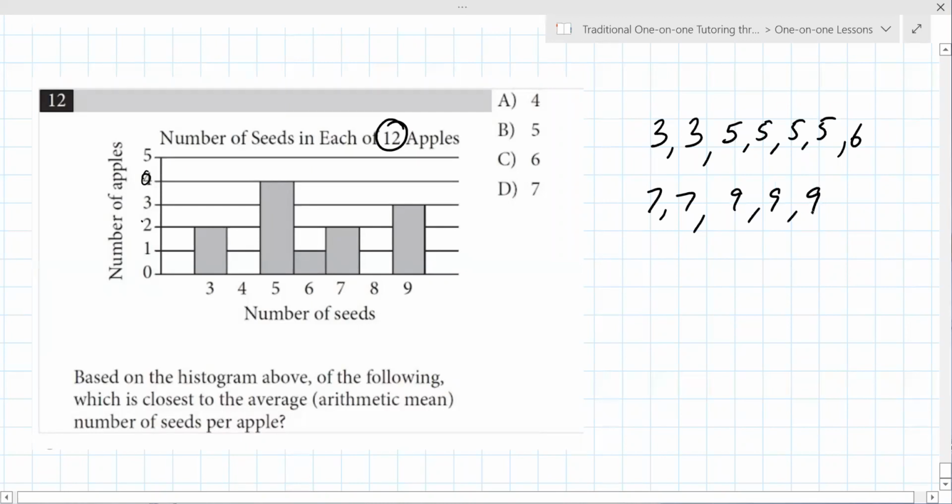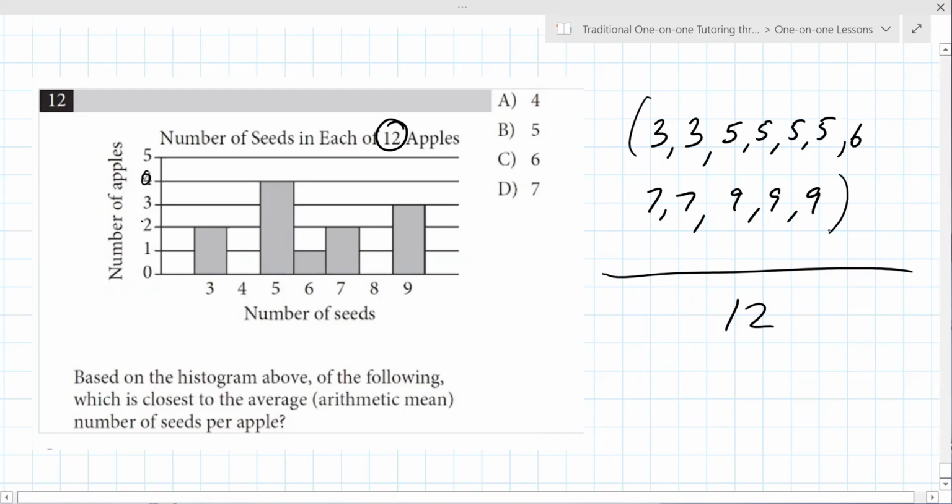Okay, so if you want to find the average, you have to add up all of these numbers and divide by what? The number of apples, so 12. Yes. Again, please put that in parentheses before you add them up.